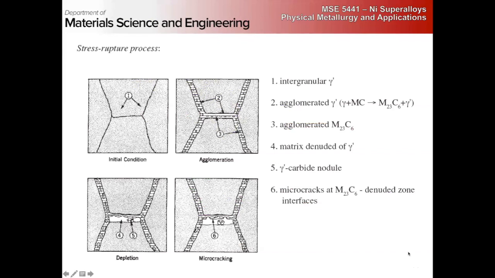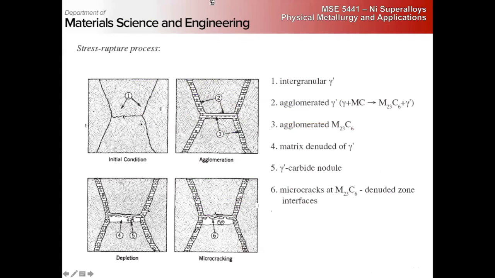But the ultimate failure mode is going to be the stress rupture process from cracks that originate at the grain boundary. We can think about a disc alloy where we have a polycrystal. Our initial condition is this intergranular gamma prime.